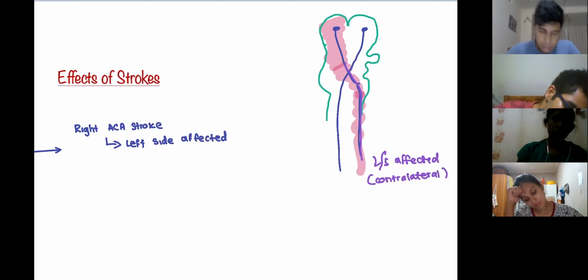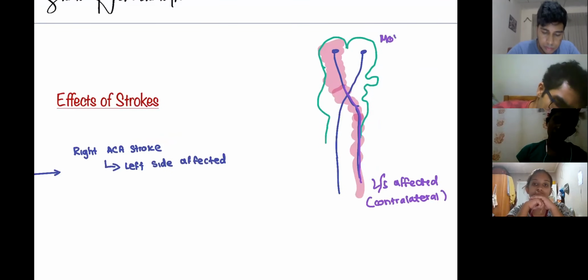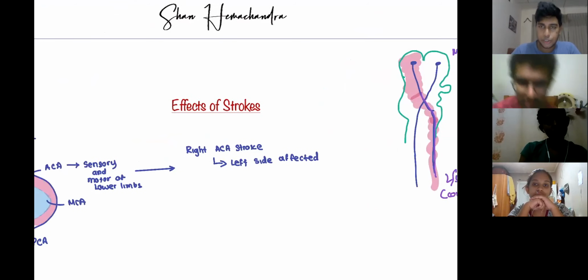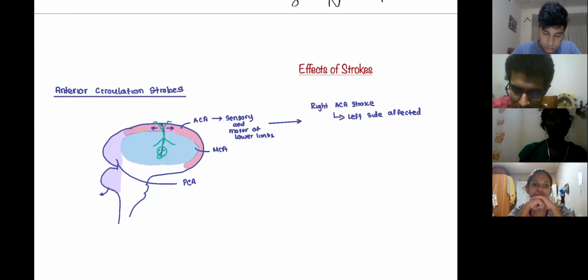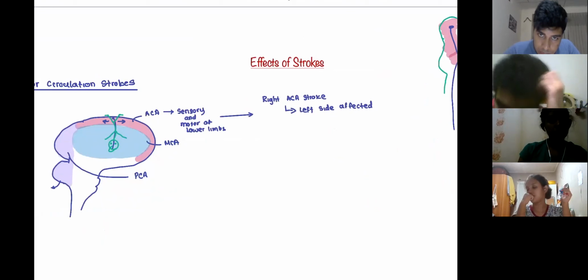I just showed the corticospinal tract, that is the motor tract. But same concept for sensory tract, because they also cross at the level of pons, as I remember. I need to check that. Do you understand this?